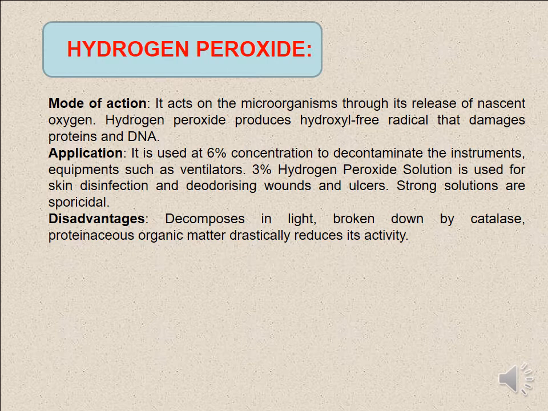Application: it is used at 6% concentration to decontaminate instruments and equipment such as ventilators. 3% hydrogen peroxide solution is used for skin disinfection and deodorizing wounds and ulcers. Strong solutions are sporicidal. Disadvantage: it decomposes in light and is broken down by catalysts; proteins and organic matter drastically reduce its activity.